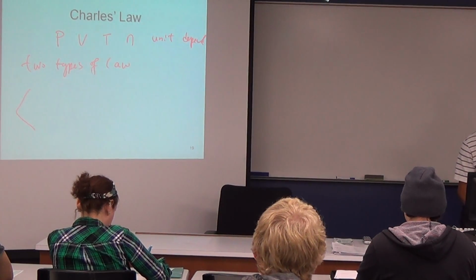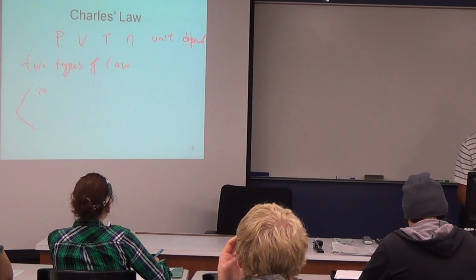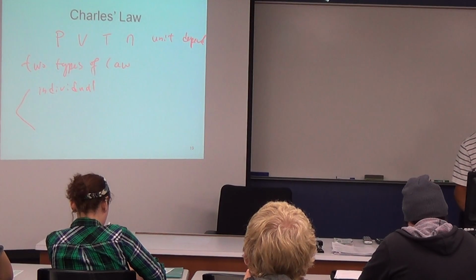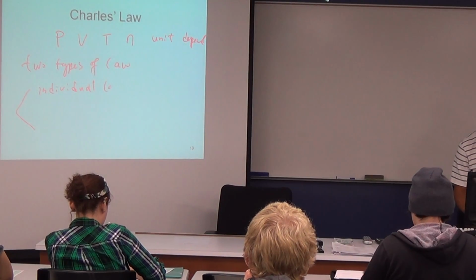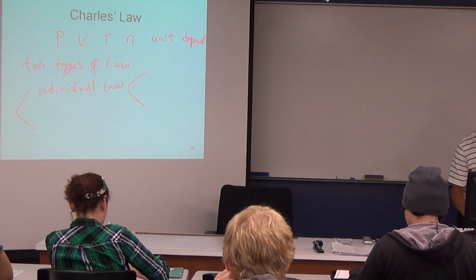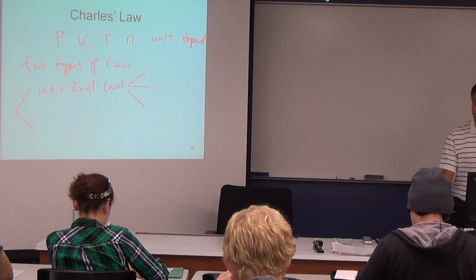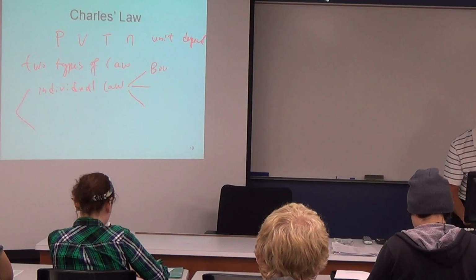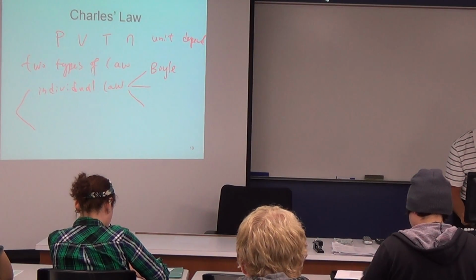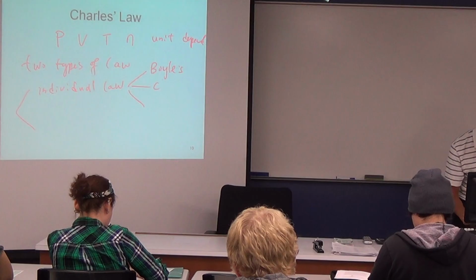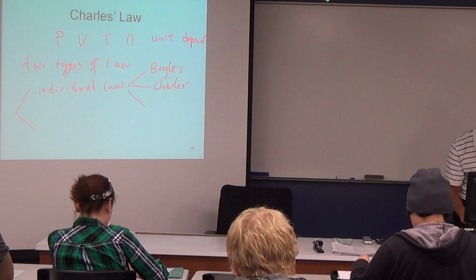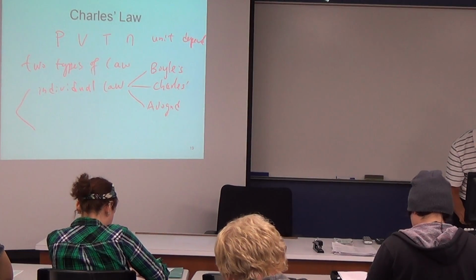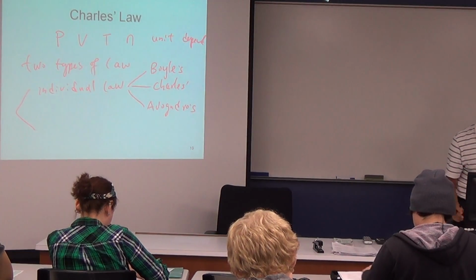One type we call individual laws, and there are 3 we are going to study. In reality, there are more than 3. The first one is Boyle's, the second one is Charles's, and the third is Avogadro's.